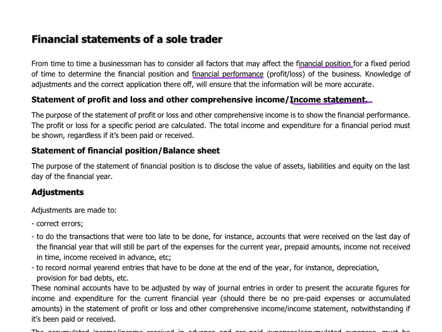The purpose of this income statement is to show the financial performance. That means whether they made a profit or a loss. So you will record all your income and expenditure for this period, and you will determine after you deducted the expenses from the income whether you made a profit or loss.